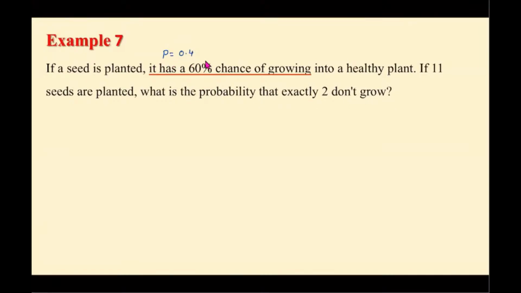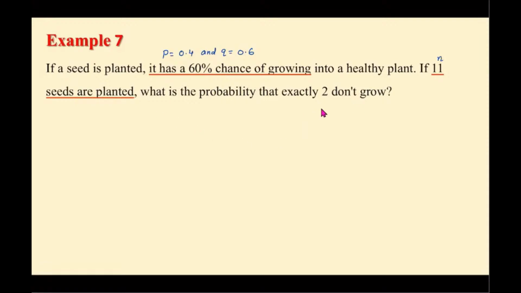So P is 0.4 and Q will be 60% or 0.6. That is the probability of growing. So here the probability of not growing is your P. If 11 seeds are planted, so that's the value of N. You can see 11 seeds are planted. So N equals 11.